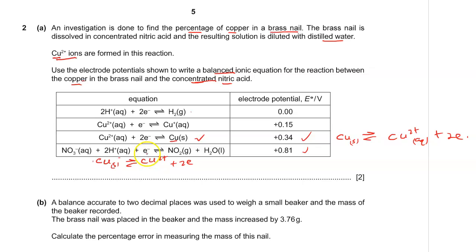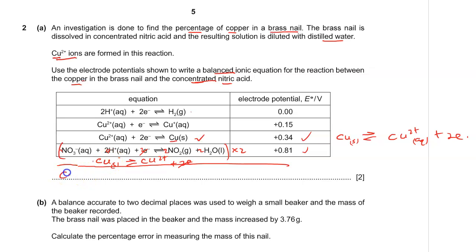But you can see this is 1 electron, this is 2 electrons. So we need to multiply the whole of this equation by 2 to get 2 electrons, so that the electrons will cancel. Everything here becomes 2, this becomes 4, this is 2, and this is 2. Then you add the 2 equations.